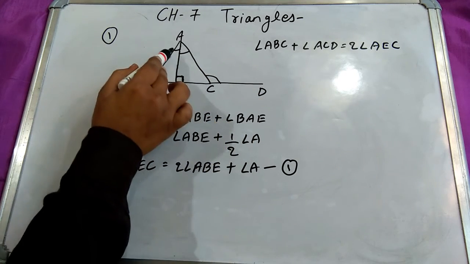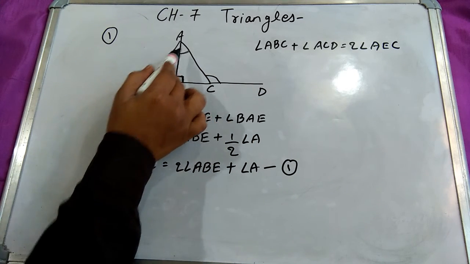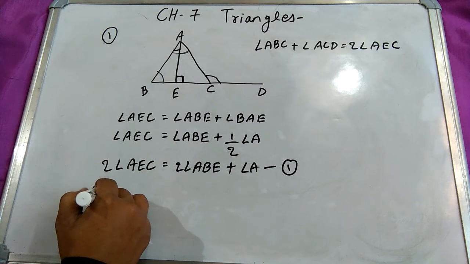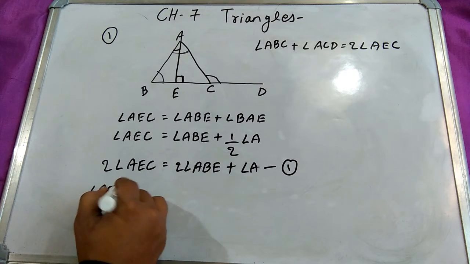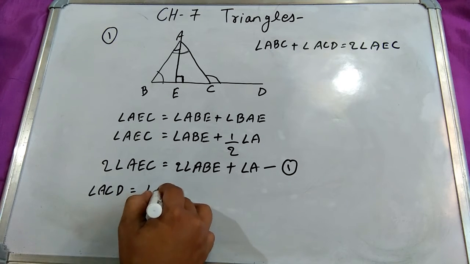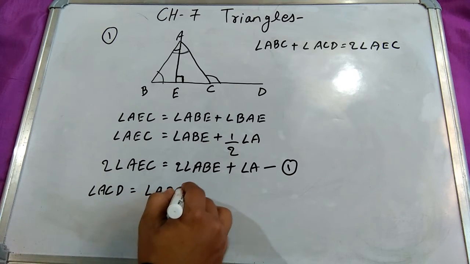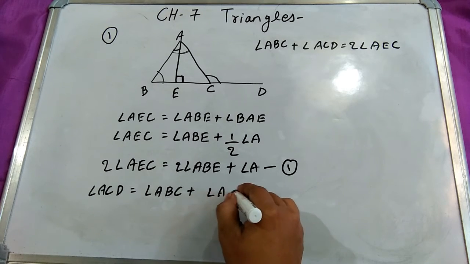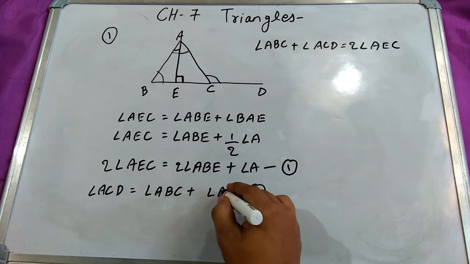This exterior angle is equal to the two opposite interior angles. So angle ACD equals angle ABC plus angle A. Mark it as equation number 2.